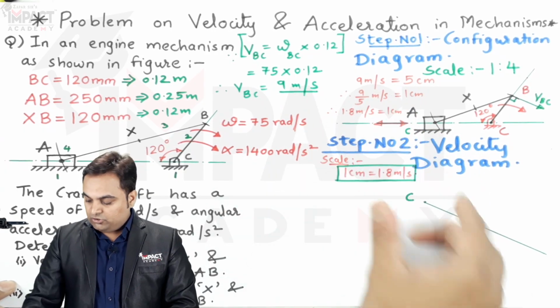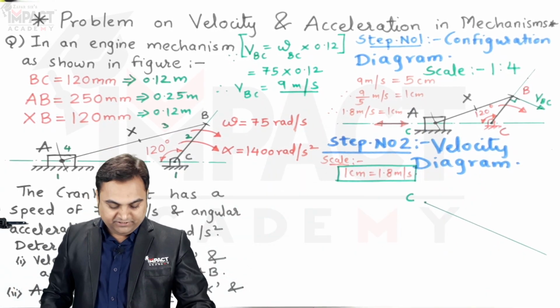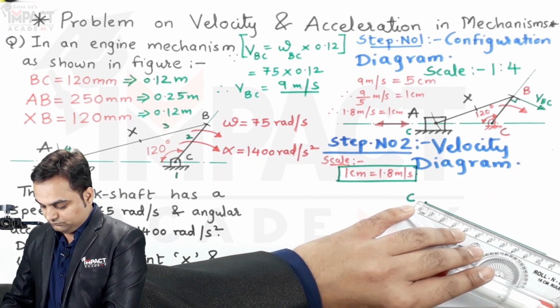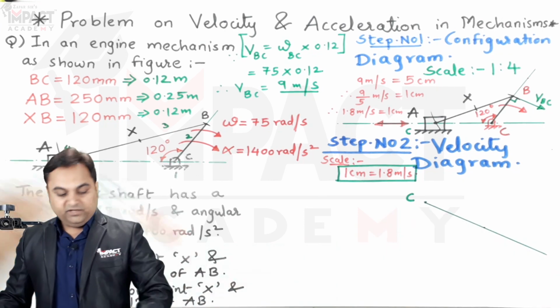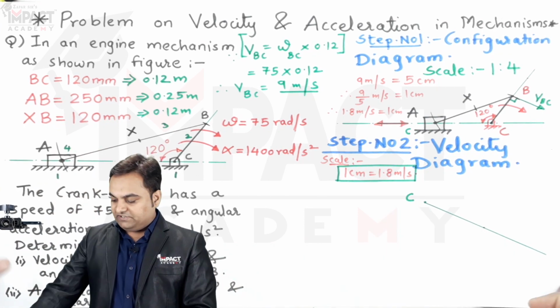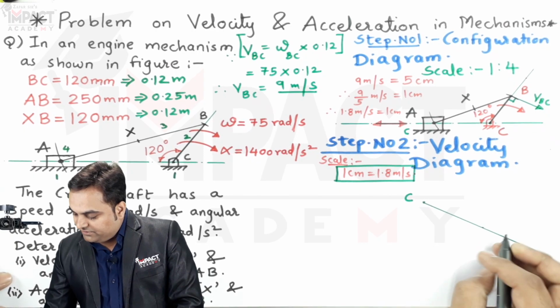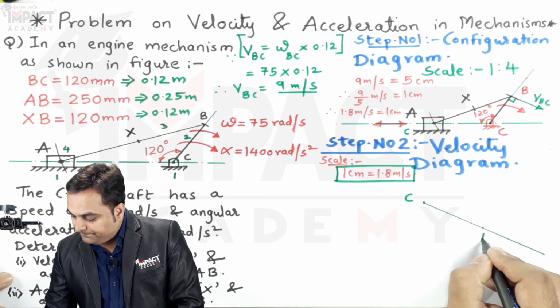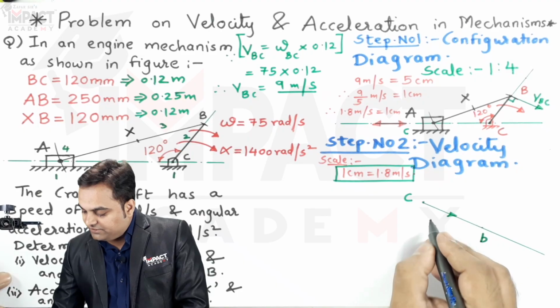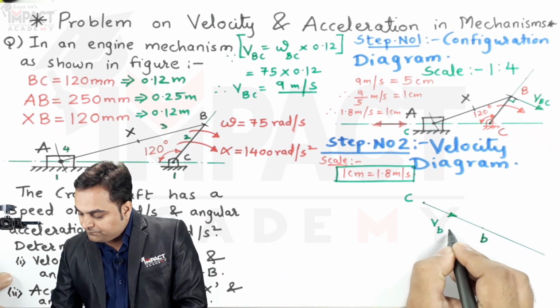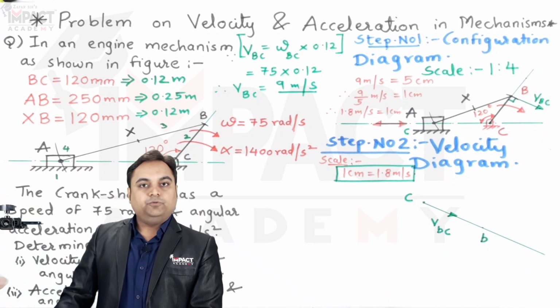The scale is fixed, so this line would be of 5 centimeters. We can even take it as 6 centimeters, 8 centimeters depending upon the space available. So this is point C and here I'll get point B. This is the direction of the vector. It indicates the velocity for link BC, or point B with respect to point C.